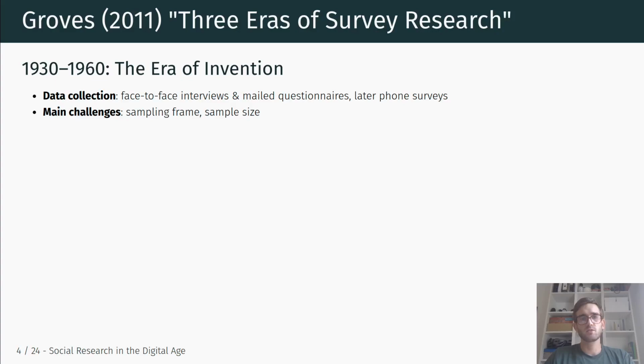So the selection of the sampling frame was limited and was one of the key problems to achieve representative samples. And also because it was quite labor intensive, most of these data collections were relatively small, especially with face-to-face interviews.